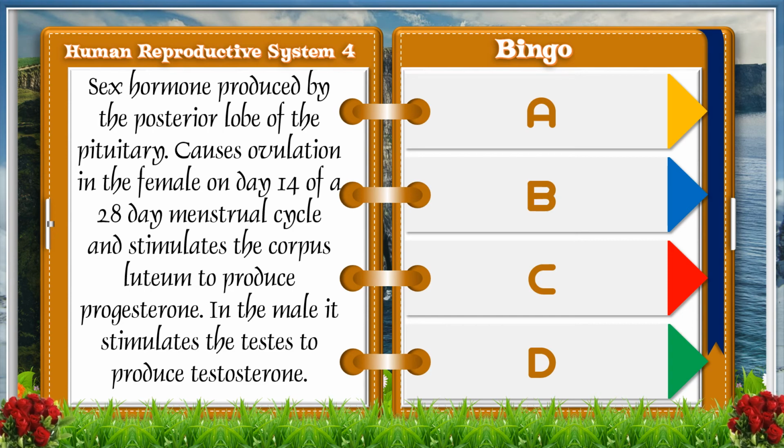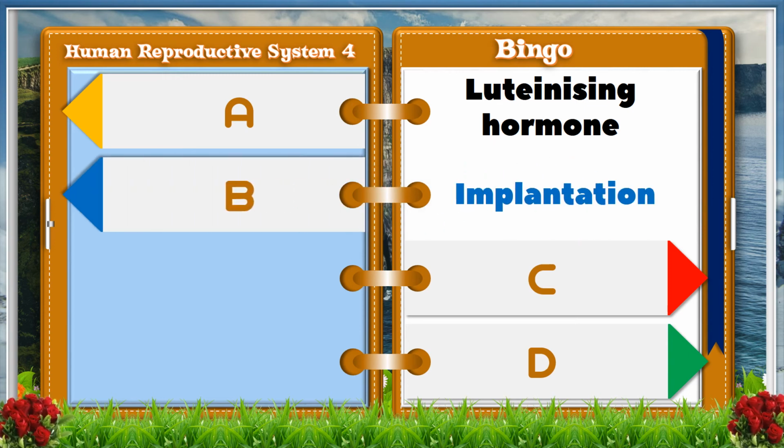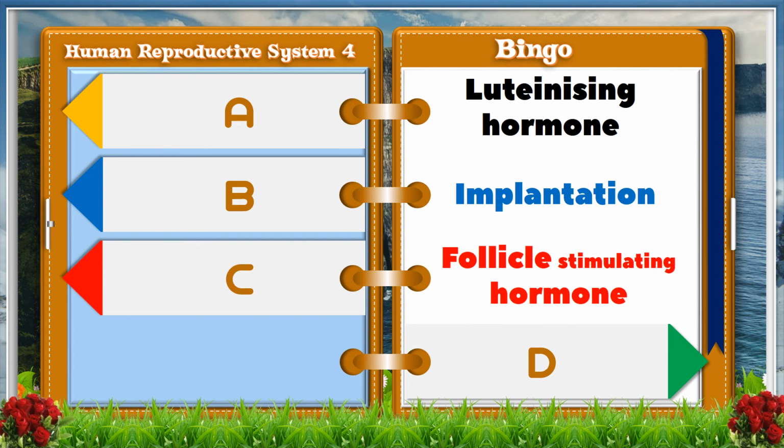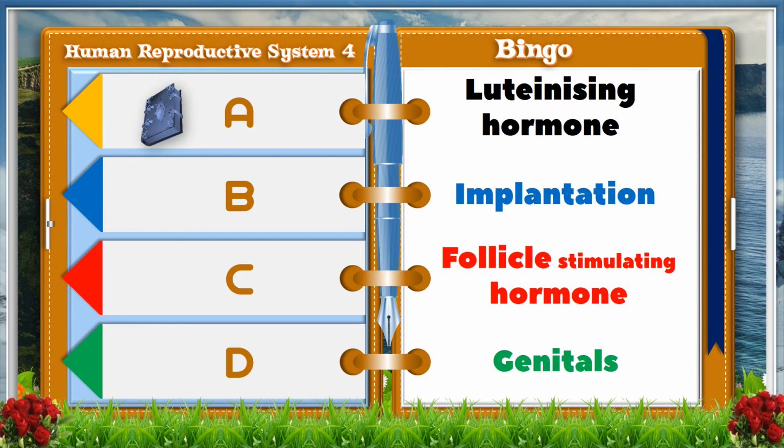In the male, it stimulates the testes to produce testosterone. A. Luteinizing hormone. B. Implantation. C. Follicle-stimulating hormone. D. Genitals. And the answer is A. Luteinizing hormone.